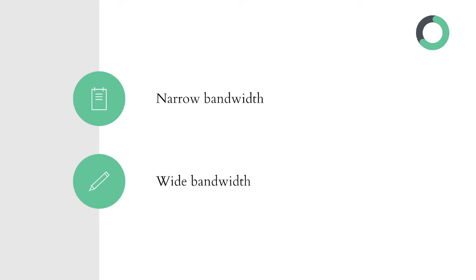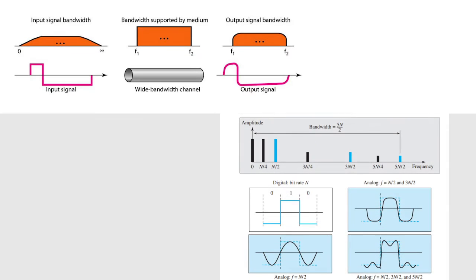Now the detail about this. The first image is about the wide bandwidth channel. This is our digital input signal, and we have to transmit this signal through this channel. Here f1 and f2, because we are transmitting our signal through a low pass channel, so the bandwidth is from 0 to infinite, but 0 to infinite is the ideal bandwidth, so we consider it only up to 0 to some f value.